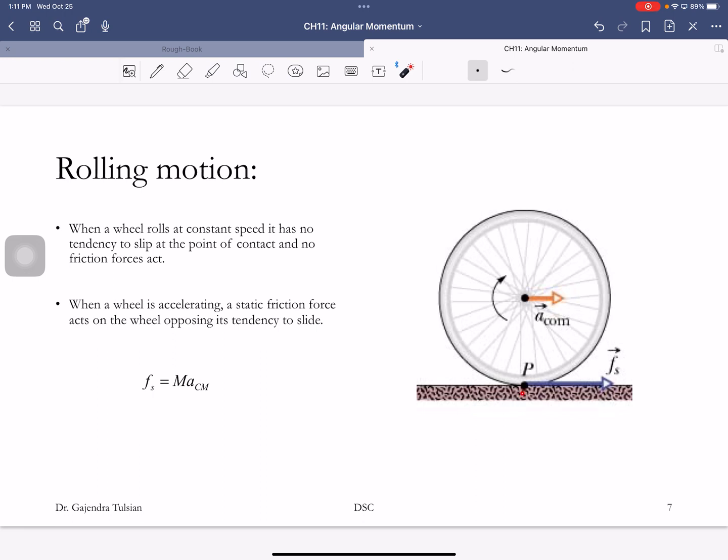Why is it not moving? It's because of the friction that the road applies on the wheel. Since that point is not moving, that's a static friction force, and that's what makes your car accelerate. So it's only static friction force? It's a static friction force. The static friction force is what gives you the acceleration.